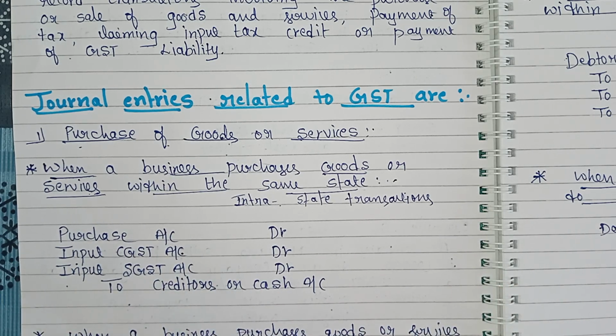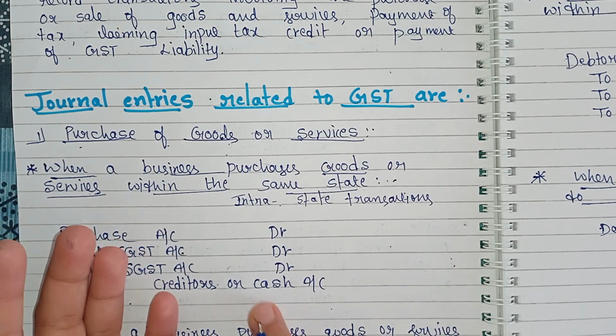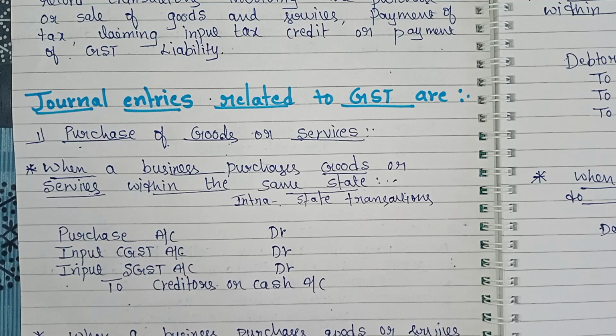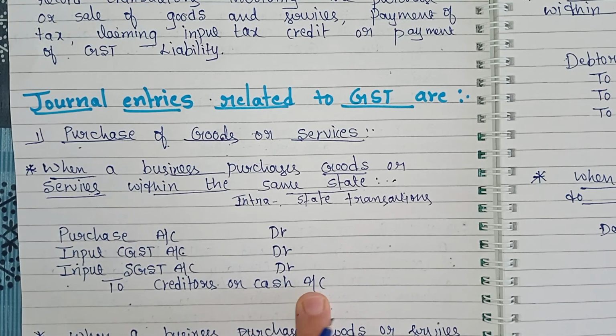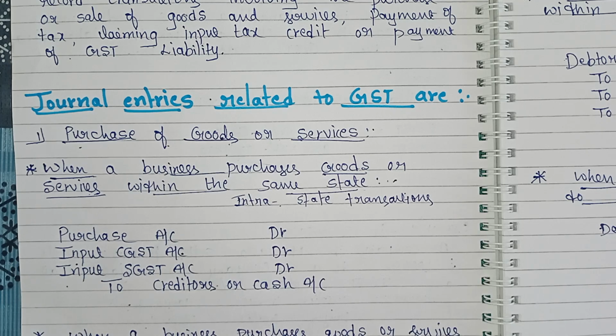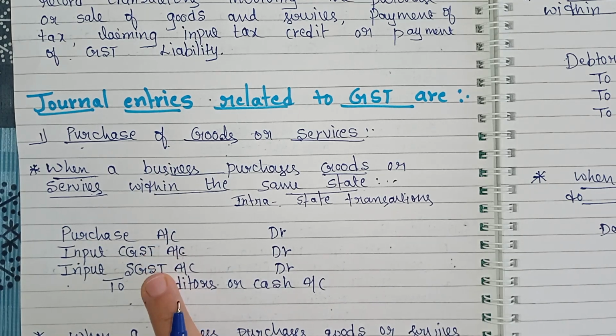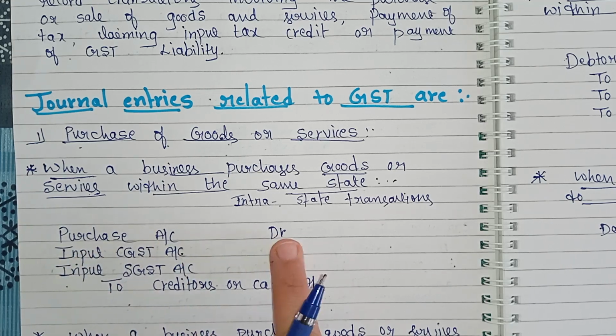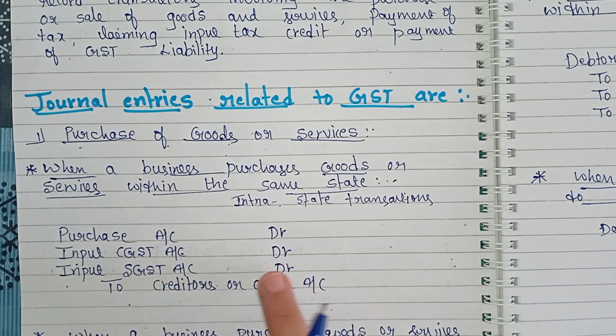Creditors will come when goods or services are purchased on credit. Otherwise, if the business purchases on cash, then we write cash account. So this is the entry for intrastate transactions.